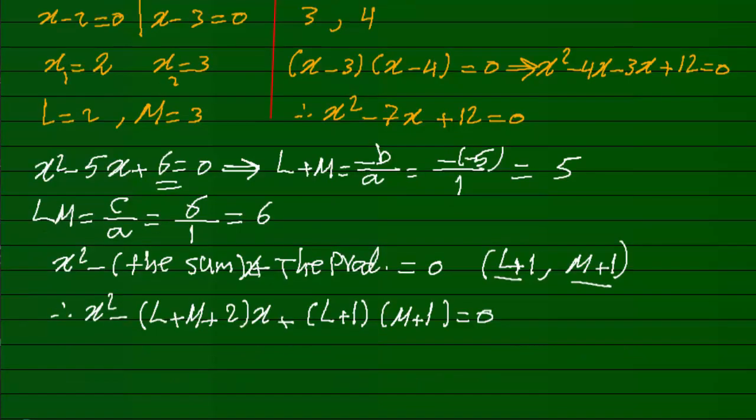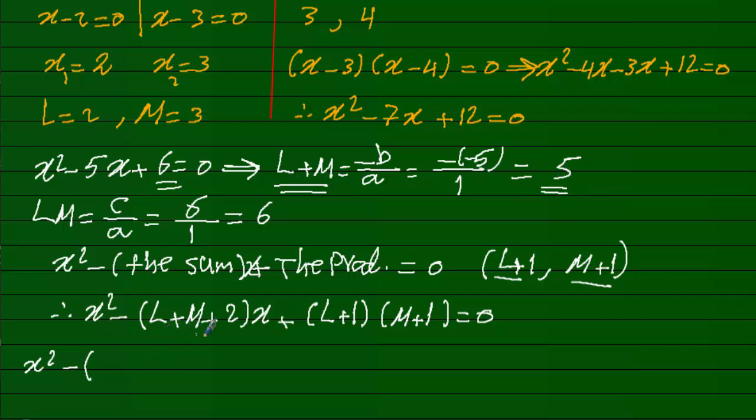Okay, so we complete. We have x squared minus L plus M, and L plus M equals 5.